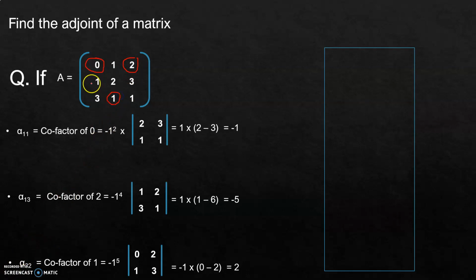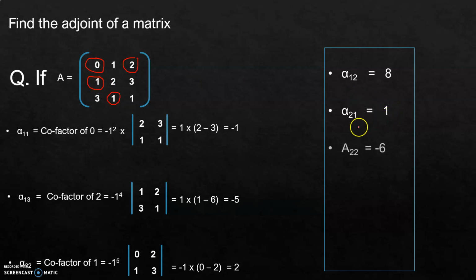Thus we need to find all the remaining ones. So do the same work. You will get a12, the cofactor will be 8. You can check it as it is described here. Then a21, second row and first column, the cofactor will be 1.